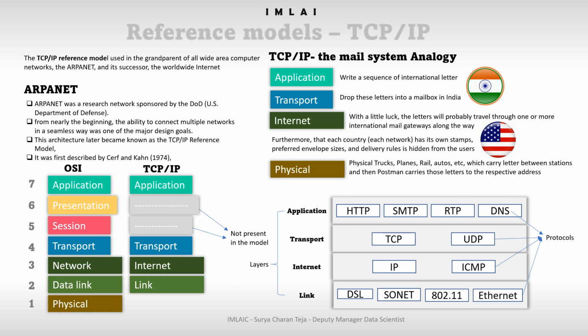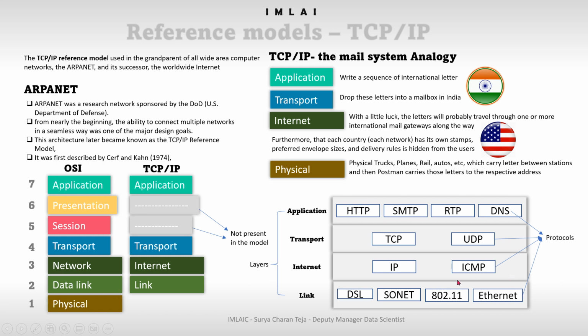If you see it, these are the total four layers available in the actual TCP/IP reference model, and each layer has different protocols. In the application layer we have HTTP, SMTP, RTP, DNS, and for the link layer we have DSL, SONET, 802.11, Ethernet.